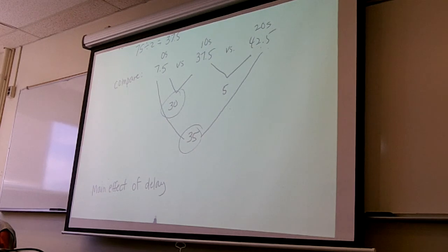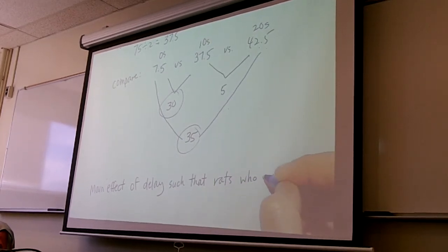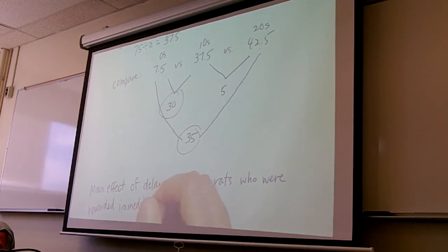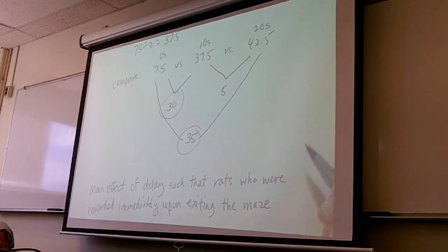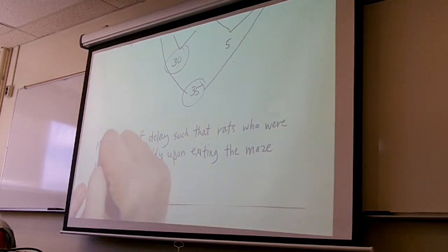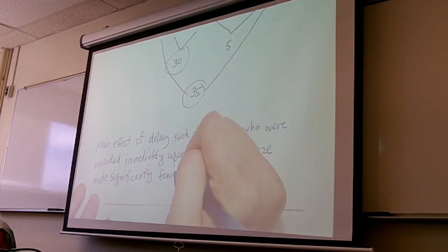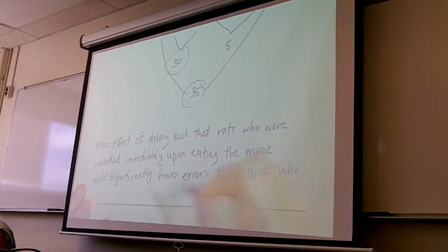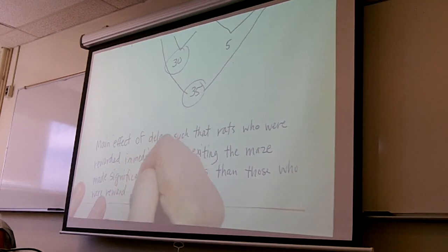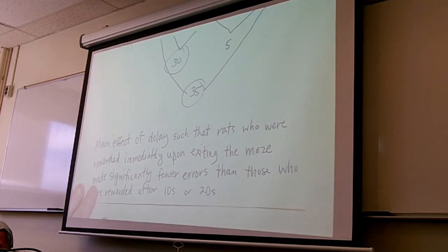So there's a main effect of delay such that rats who were rewarded immediately upon exiting the maze made significantly fewer errors than those who were rewarded after 10 seconds or 20 seconds. Right? Is that what happened?